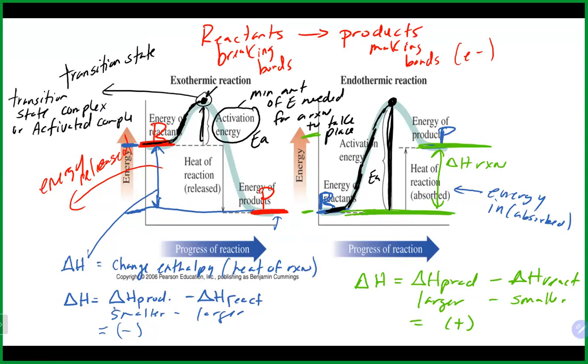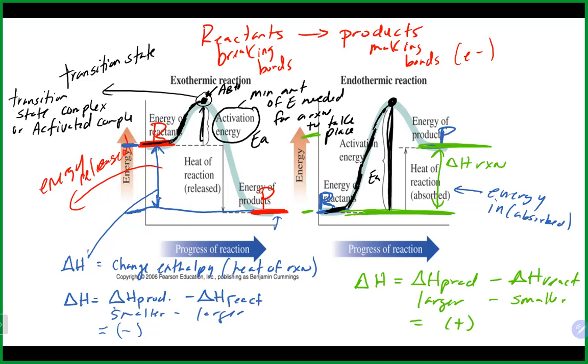So right here at the very top of the peak, you have something going on up there. We'll just call it A, B together. And this is what is sometimes referred to as the transition state complex or activated complex. This is usually something at the very top of the hill that has partially broken bonds and bonds that are partially being made.